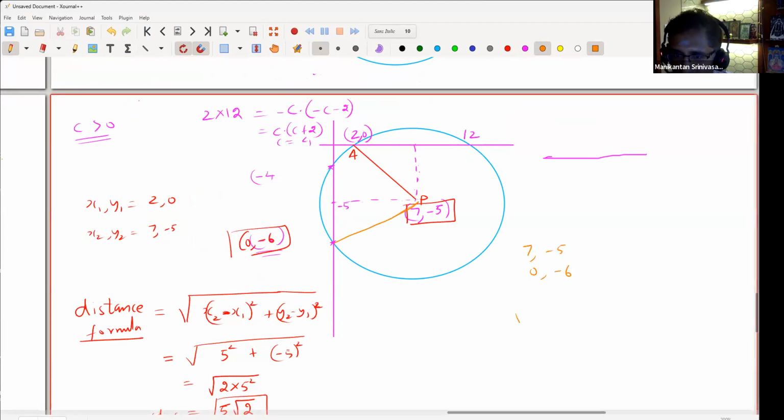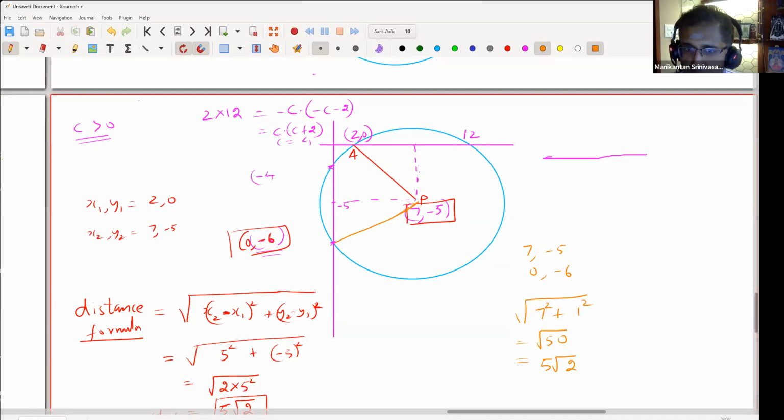The distance formula gives square root of 7 square plus the difference between them is 1 or minus 1, doesn't matter, anyway it's getting squared. So square root of 50, which is the square root of 25 times 2, which is 5 root 2. So obviously, if you have done the problem correctly, the distance from the center to each of these vertices A, B, C, D should be the same. So we got 5 root 2. Does it make sense?